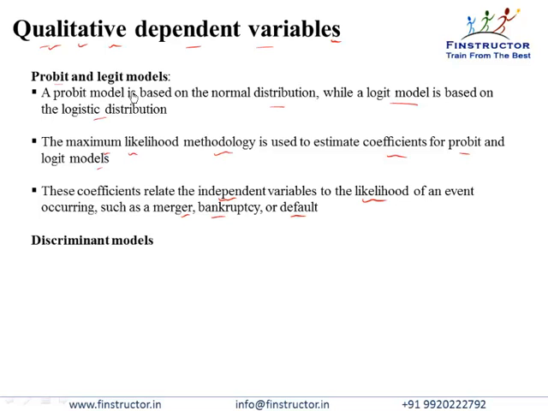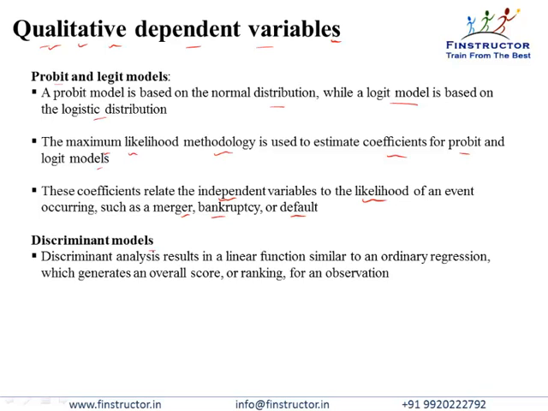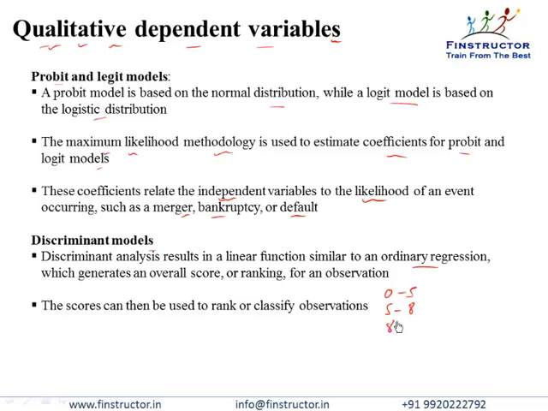A second category of models is called discriminant models, wherein we use a linear function similar to ordinary regression, which generates an overall score or ranking for a dependent variable. And then we can classify these rankings or scores to be related to different outcomes. So if the score comes out to be between 0 to 5, then there is no possibility of bankruptcy. 5 to 8, there is some possibility of bankruptcy. 8 to 10, there is a high possibility of bankruptcy.